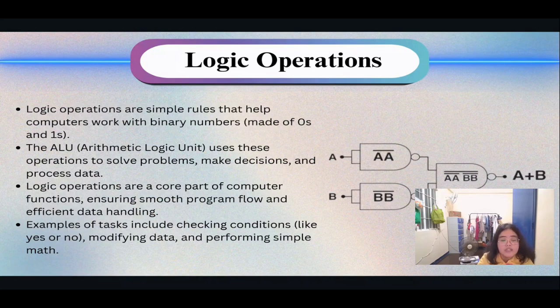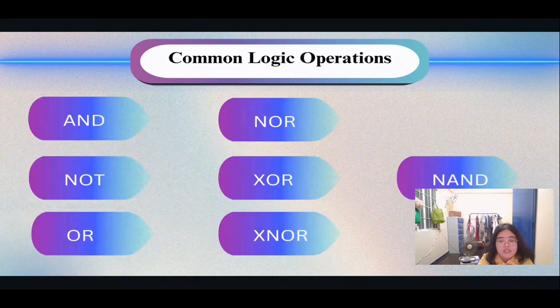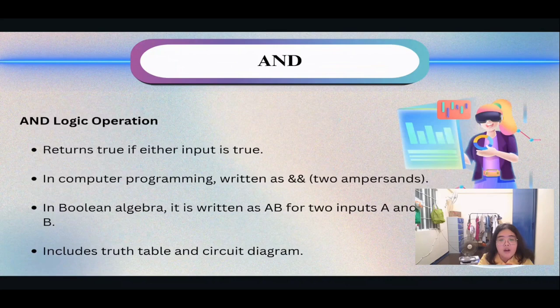The ALU uses these operations to solve problems, make decisions, and process data. It's also a core part of computer function, ensuring smooth program flow and efficient data handling. For example, tasks include checking conditions like yes or no, modifying data, and performing simple math.